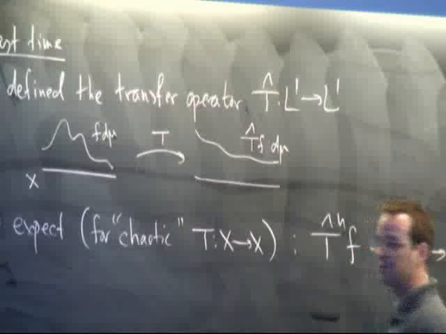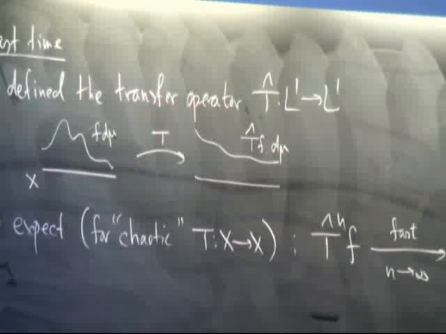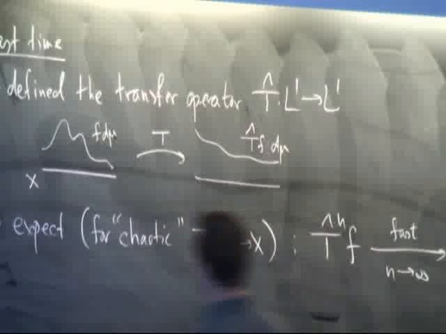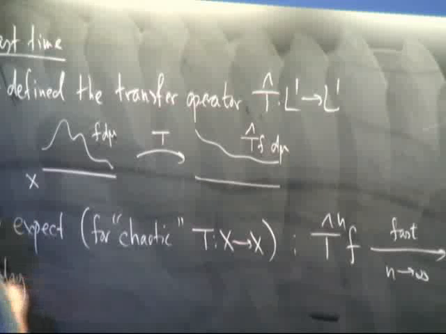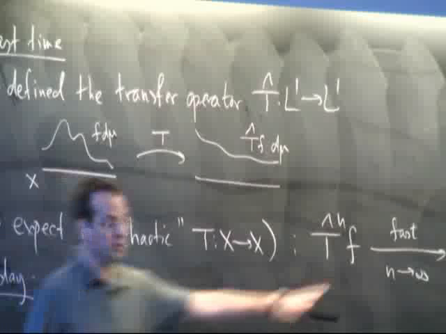The limit, as we discussed last time, is going to be an absolutely continuous invariant density for the transformation. Now, what I would like to do today is to start discussing tools for proving that something like this happens.